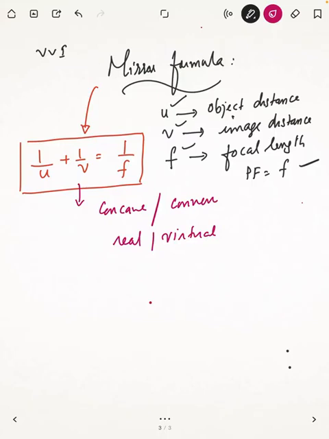But the important point is this: whenever we substitute the values of U, V, and f in this equation, we have to give sign. You have to give sign as per sign convention.